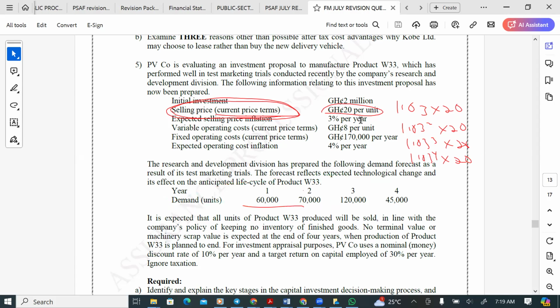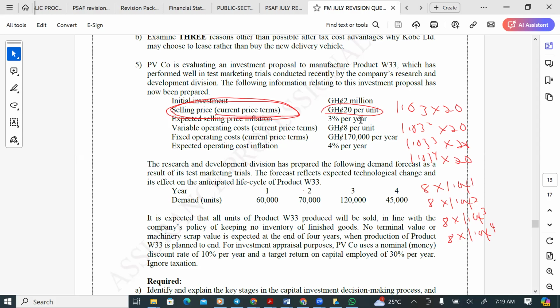Okay. If you come to the variable cost, the variable cost will also be 8 multiplied by 1.04 exponent 1, 8 multiplied by 1.04 exponent 2, 8 multiplied by 1.04 exponent 3, 8 multiplied by 1.04 exponent 4.